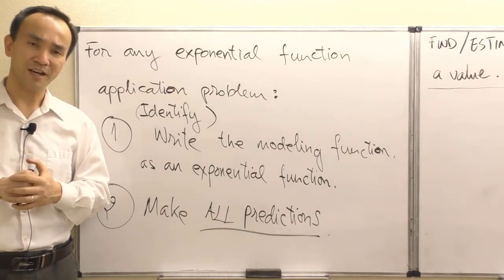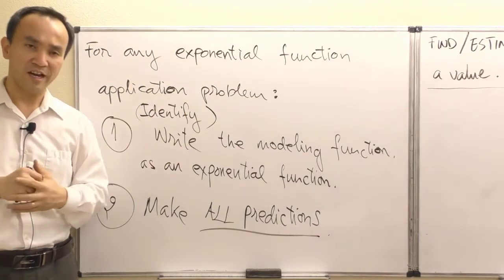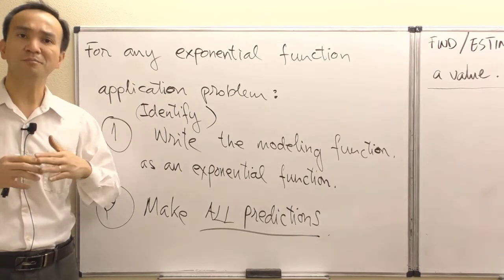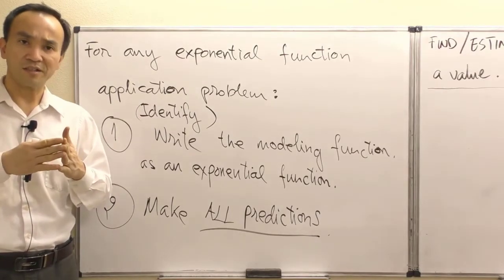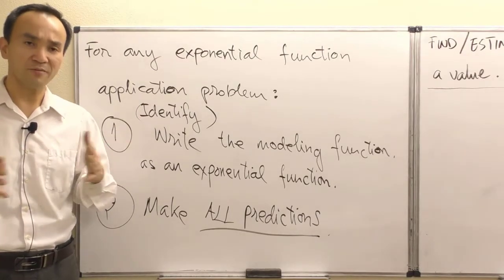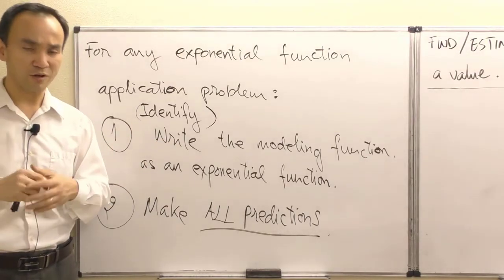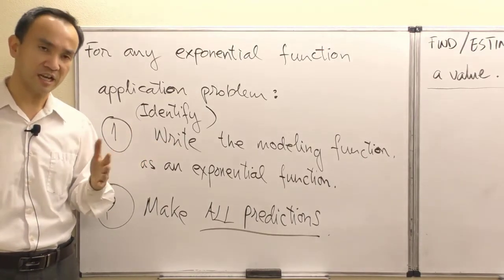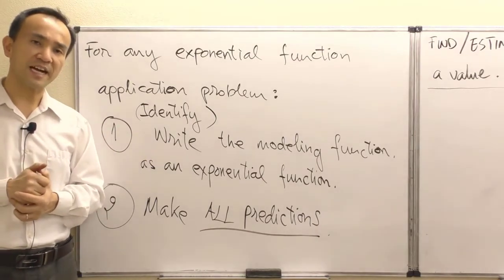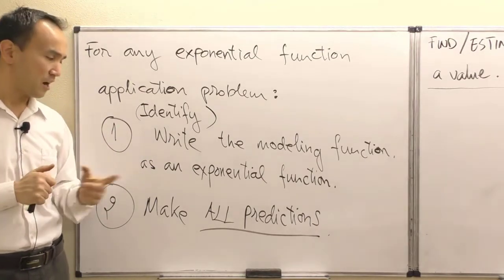And we know that chemical elements, most of the time, we always decay exponentially. It will reduce itself exponentially. But now back to stage 1.